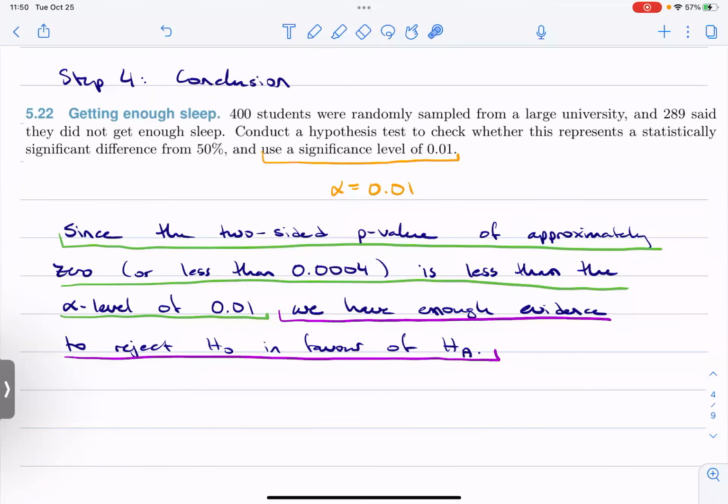Often the question is stated in a way that you could say, yes, there is evidence that the proportion of students who get enough sleep is different from 0.5, or 50%. Here they worded it in a weird way, but as long as you try to formulate it in terms of the question, then I'm happy.